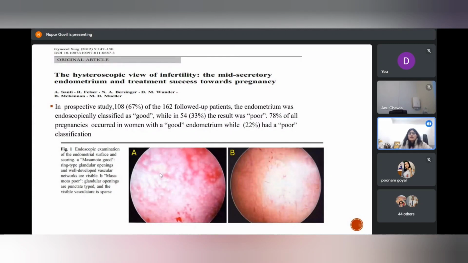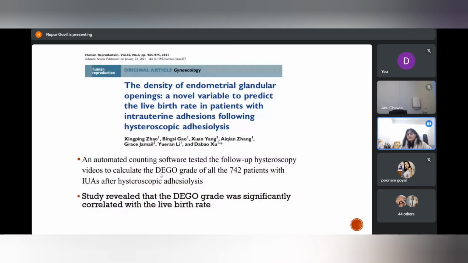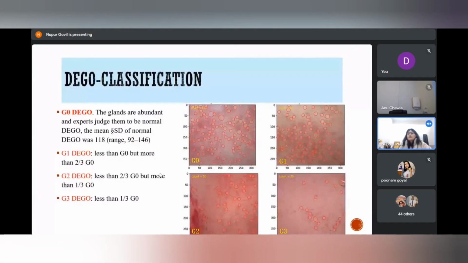This study said that if it is good, then the patient had better chances of pregnancy. And this is another, relatively new study, in which the density of the endometrial glandular openings was studied using software. During the hysteroscopy, a video was recorded, and those findings were later fed into software that counted the number of endometrial gland openings visible on the endometrial lining.